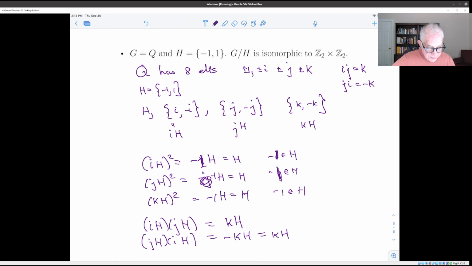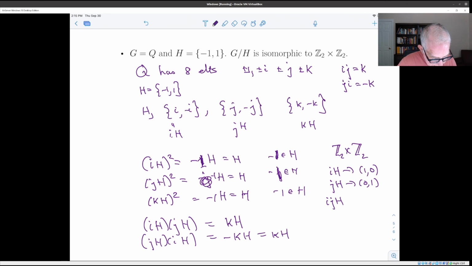And in fact, the group that you get is Z mod 2 cross Z mod 2, where you can think of, let's say, iH goes to (1,0), jH goes to (0,1), and then ijH, which is kH, goes to (1,1). And of course H goes to the identity, and that will be an isomorphism between this group with 4 elements and the group Z2 cross Z2.